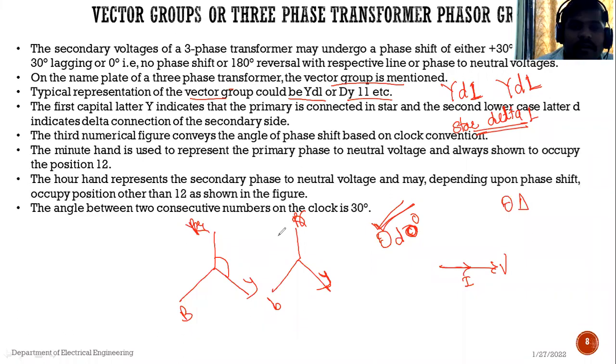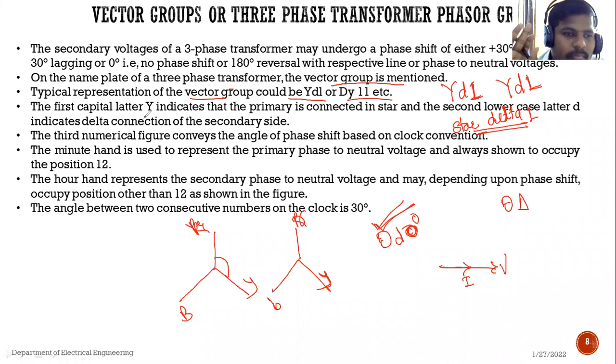सी the first capital letter Y indicate that the primary it can be connected in star, and the second lower case letter D it can be represented delta connection on the secondary side. लक्षात घ्या, स्मॉल लेटर म्हणजे सेकंडरी साइड आहे, कॅपिटल लेटर म्हणजे प्रायमरी साइड आहे. Y रिप्रेझेंट दॅट स्टार कनेक्शन आहे, कॅपिटल D and small d represented that delta connection.